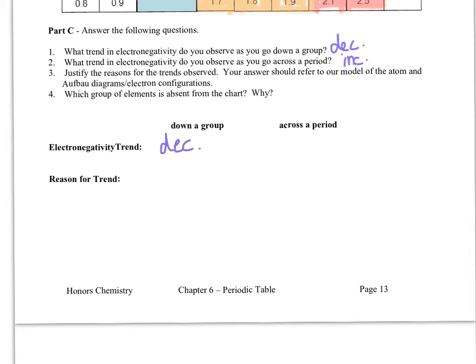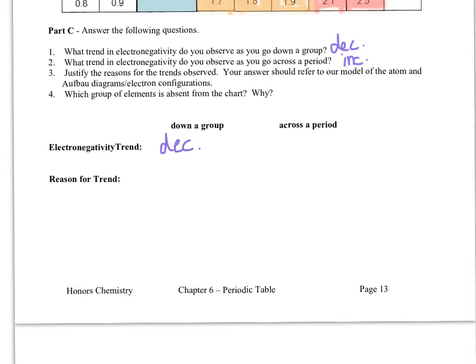So remember, we have two things at play here. In both directions, whether you're going down a group or across a period, we do have more protons in the nucleus, so our nuclear charge is increasing. But at the same time, we also have extra electrons, which are causing more repulsion and more shielding, I should say less attraction to the nucleus.